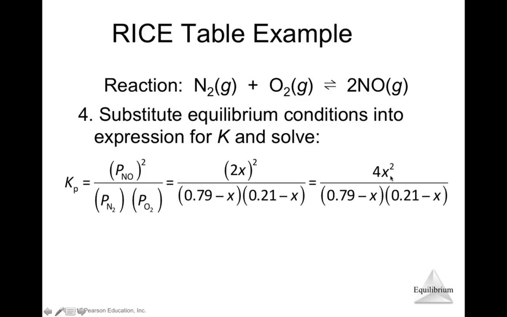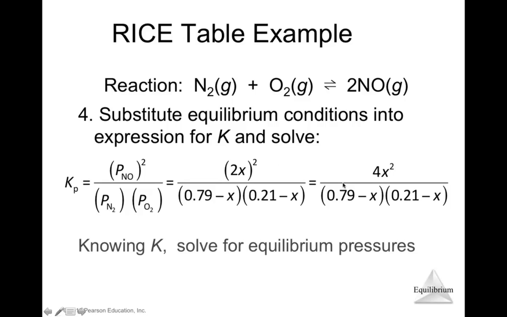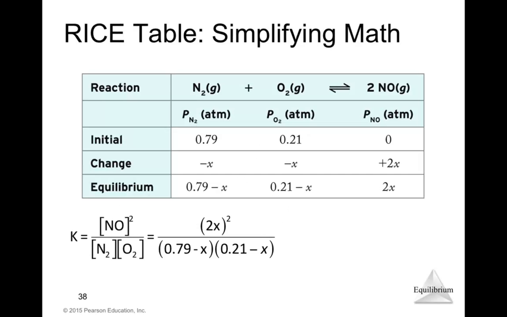Now, because we know the value of the equilibrium constant, we can calculate the pressure of all of the reactants and products at equilibrium. To do that, we're going to assume that this x on the denominator is really, really small, so we're going to eliminate it in this expression to simplify the math a little bit and avoid using the quadratic expression, because if not, we need to use the quadratic expression.